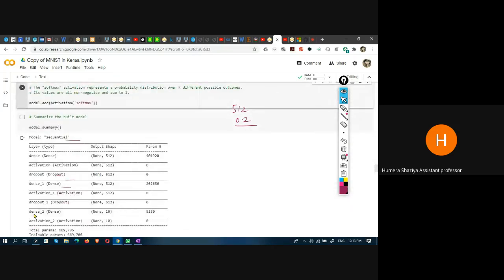So what is the final layer? That is the softmax layer.